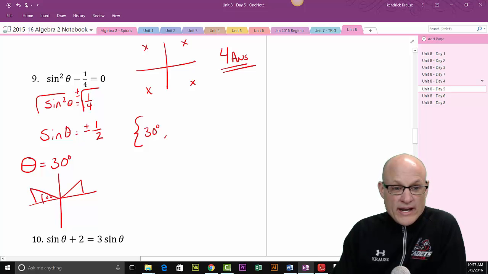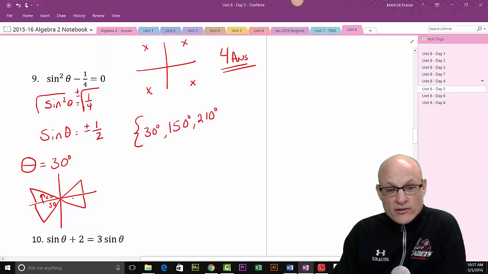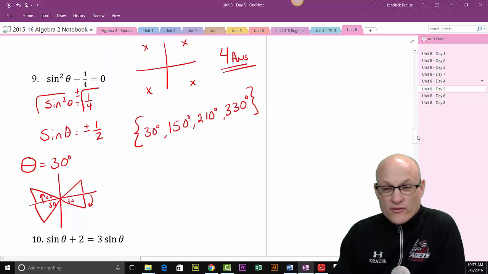That would be 180 minus 30, or 150 degrees. In the third quadrant, it's negative, so I'm going to add 30 degrees, 210 degrees. And in the fourth quadrant, this 30-degree angle, I come back from 360, that would be 330 degrees. So in this case, I get 4 answers. So if you ever get a plus or minus, you know you're going to get 4 answers. Just be careful.